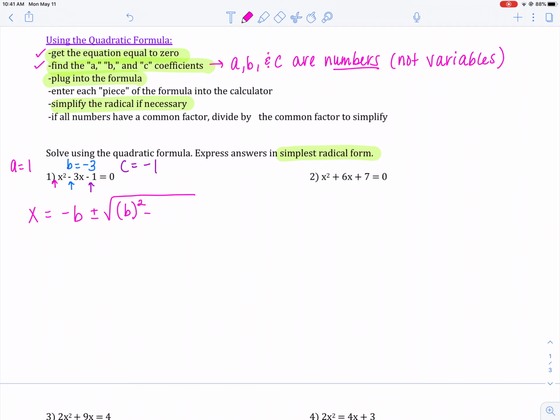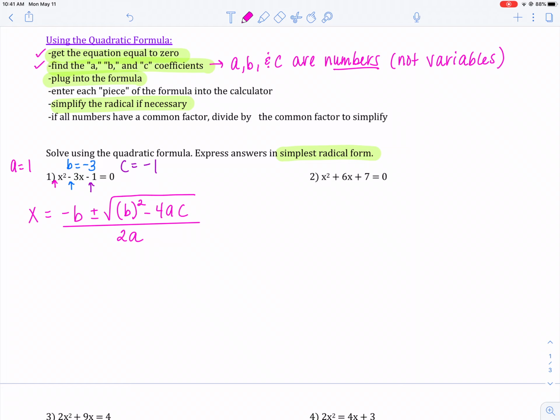It's b squared minus 4 times a times c. Not the x equals, but from negative b all the way across to the c under the radical goes over 2a. Okay, and there is your formula. x equals negative b plus or minus the square root of b squared minus 4ac, all over 2a.